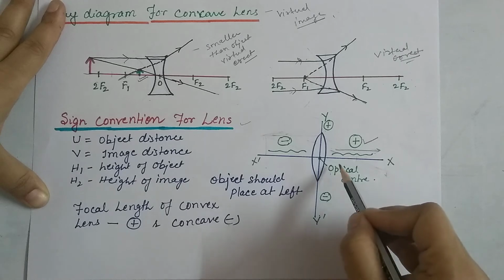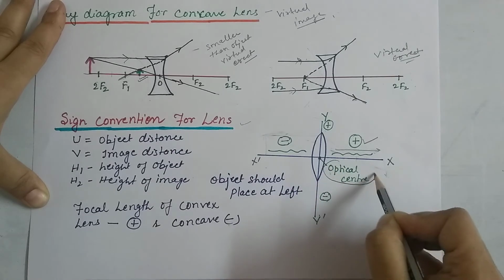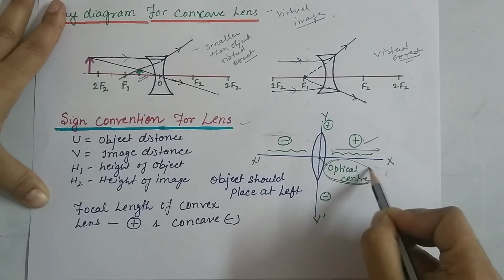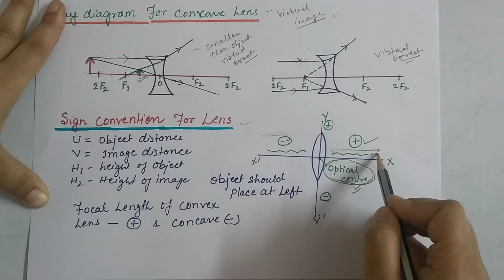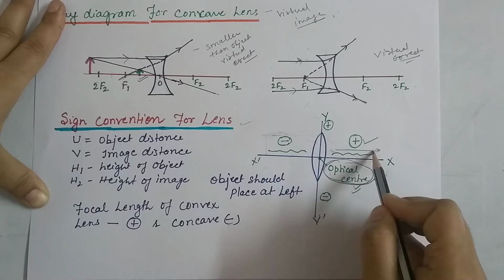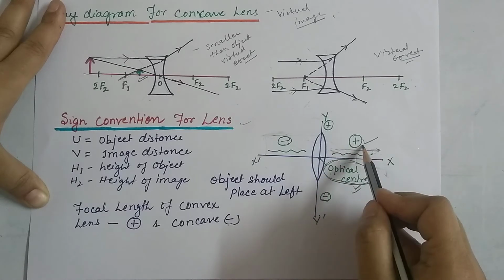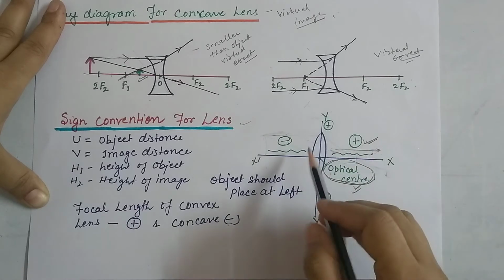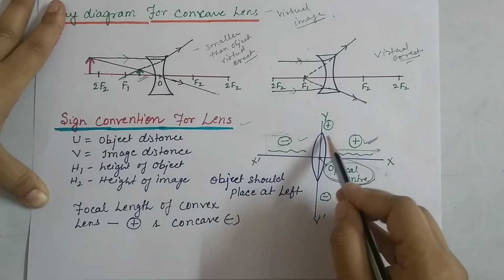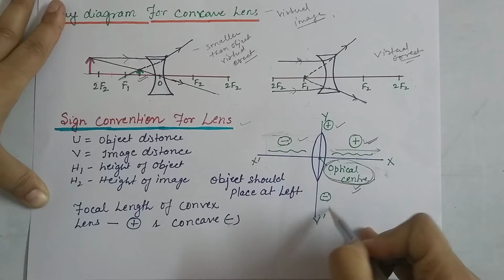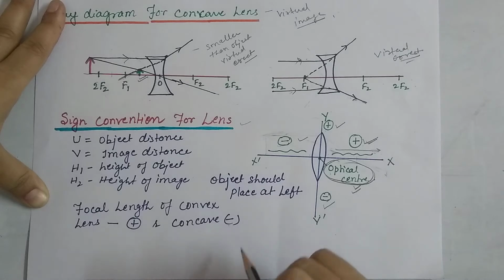One of the most important points is that we measure all distances from the optical center. All the distance covered on the right side is taken as positive. All the distance covered on the left side is taken as negative. Upper side is positive, and an image formed below the principal axis is taken as negative. It is the same as the rule we followed in the spherical mirror.